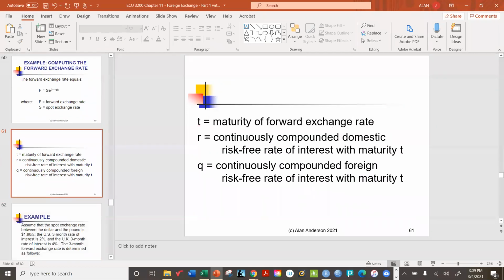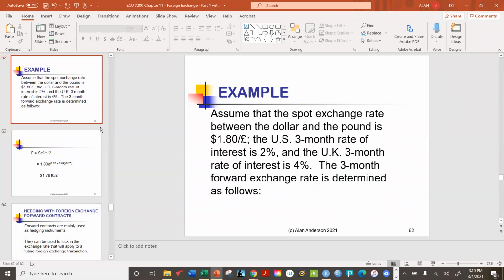So let's see if we have an example here. All right, so here I just made up a bunch of numbers. Let's say that the spot exchange rate between the dollar and the pound is $1.80 per pound, and the 3-month US rate of interest is 2%. Just to make it a nice round number, 2%. The UK 3-month rate is 4%. So we could plug these into our formula and come up with the implied 3-month forward exchange rate in the following way.